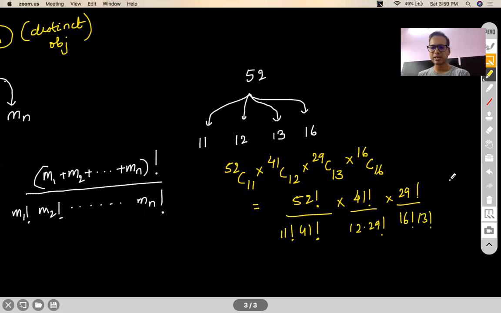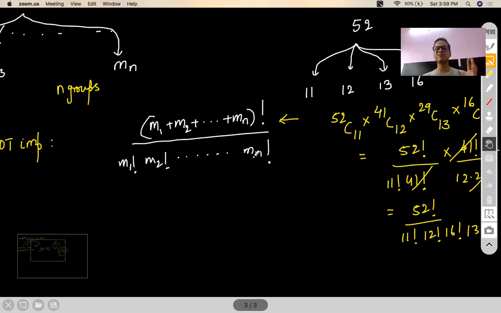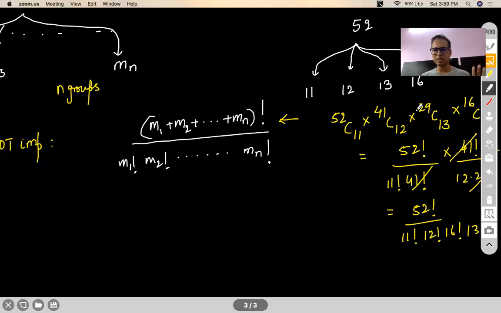And this is anyways a 1. So a lot of terms will get cancelled if you see, and you'll be left with 52 factorial by 11 factorial, 12 factorial, 13 factorial, 16 factorial. That is what I have written over here in this formula. So I have not written something which comes from the sky. I've just written what I would have anyways got had I done this approach. Are you getting my point?